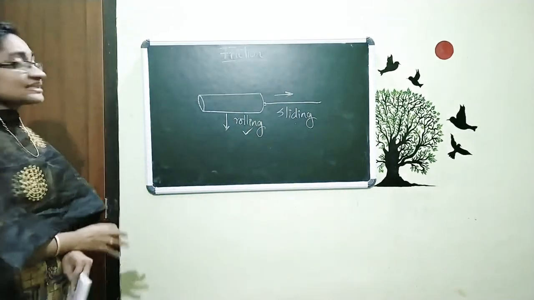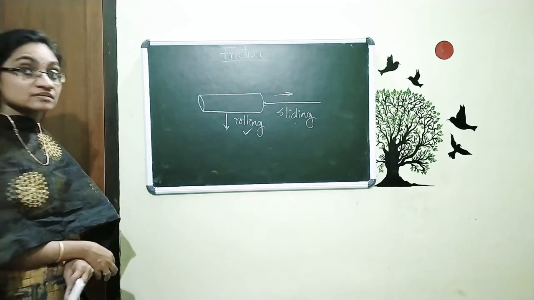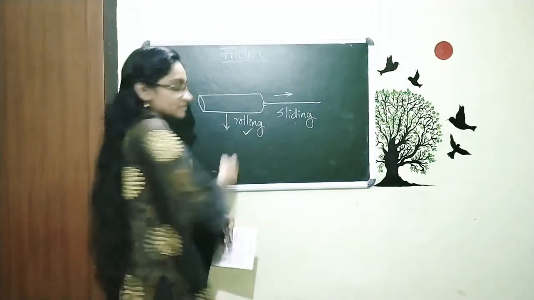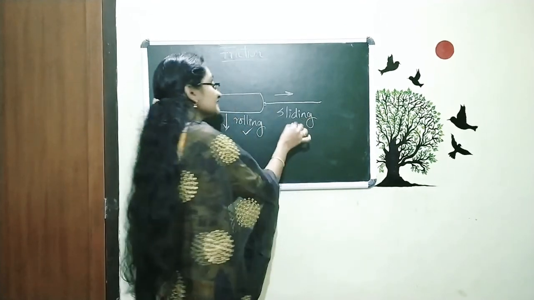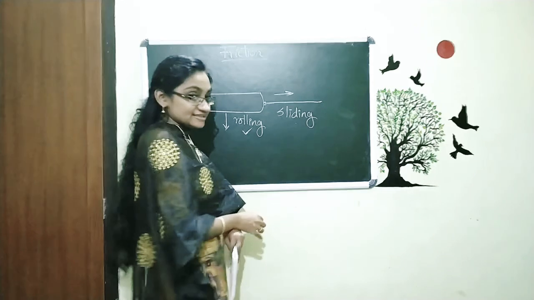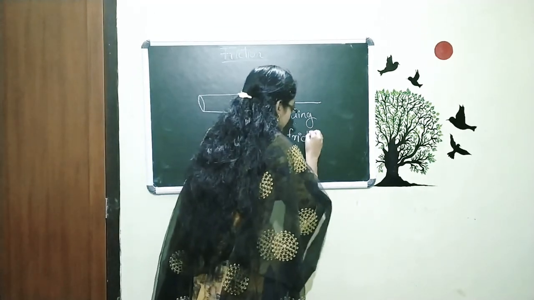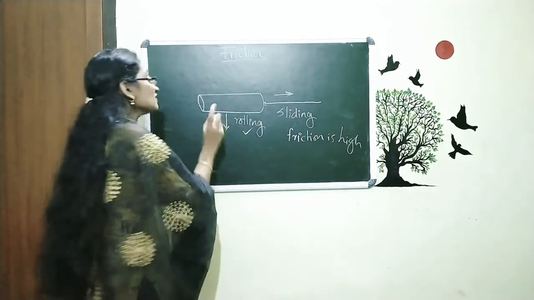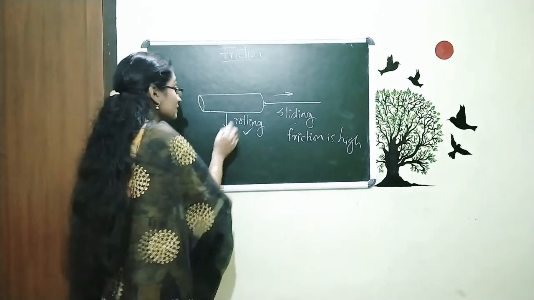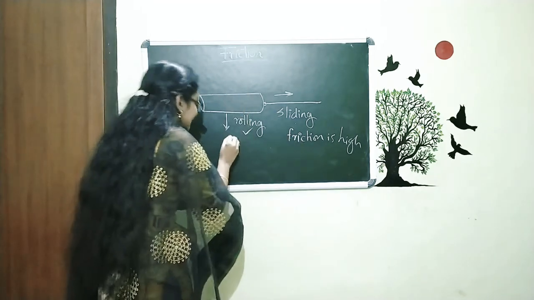In both cases we have friction, and which has less friction? Is it this or this? We can say that in the sliding case the friction is high, and in the rolling case the friction is less.